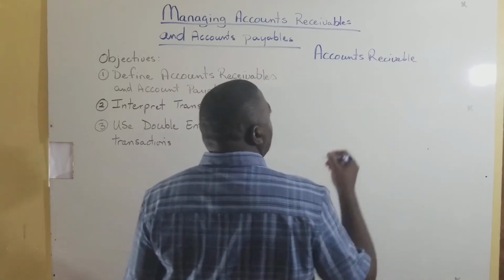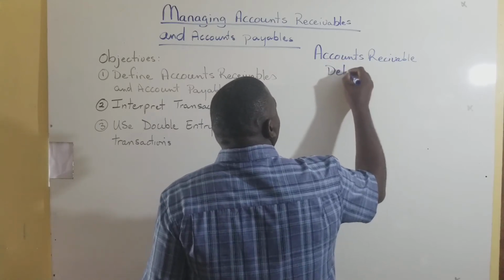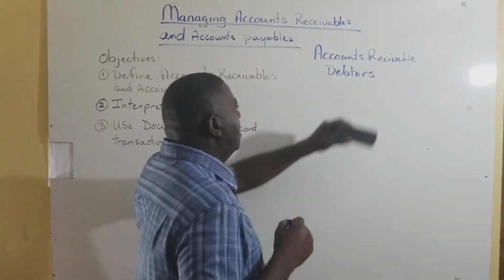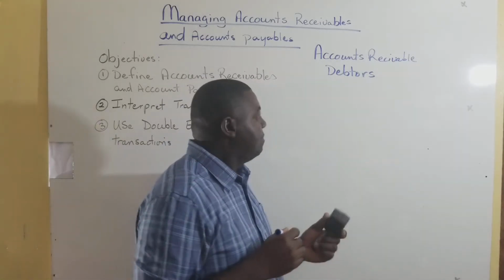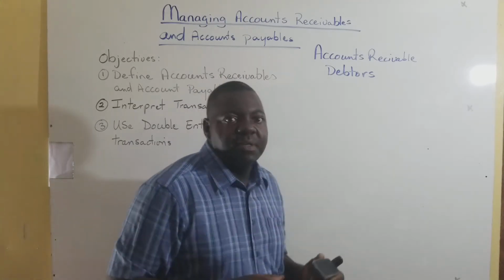The other name for accounts receivable is debtors. Some persons might know it quite well as debtors. Now, these are customers.